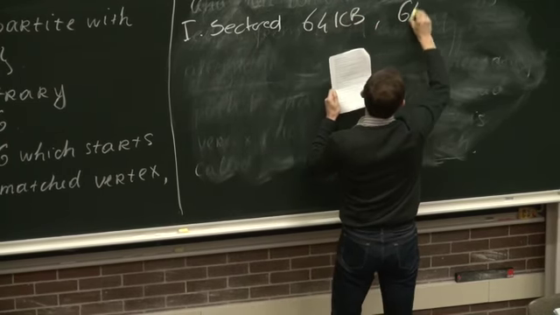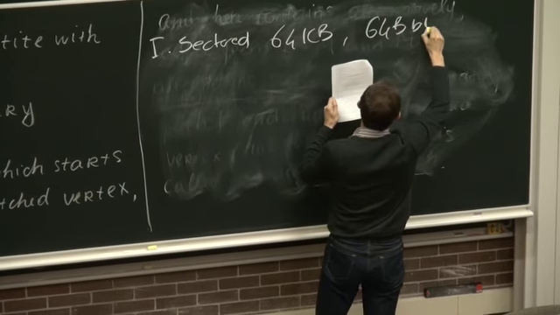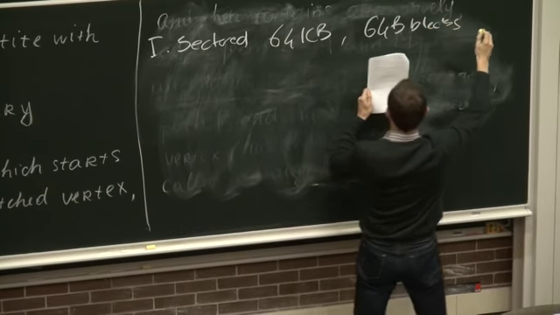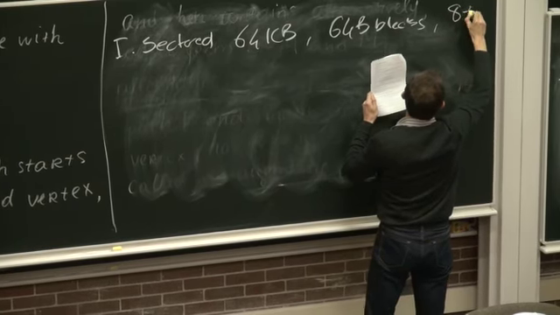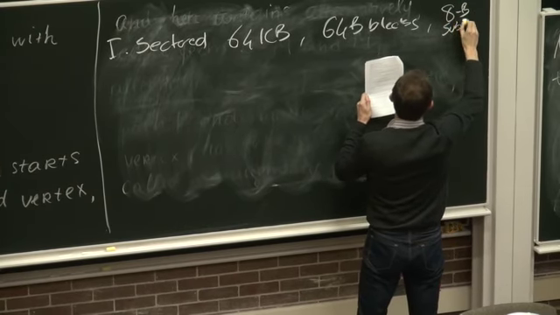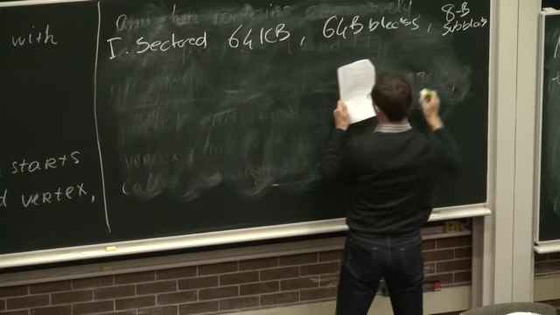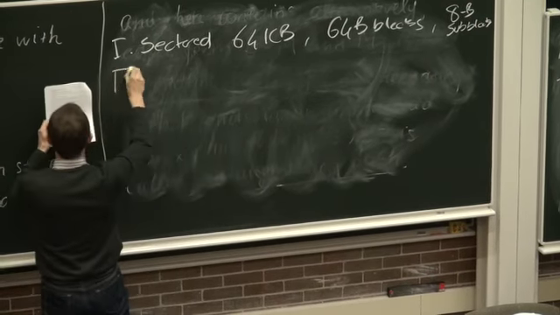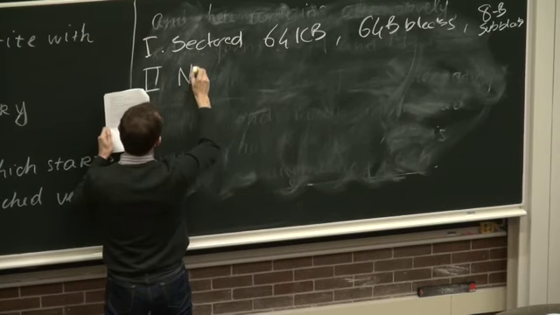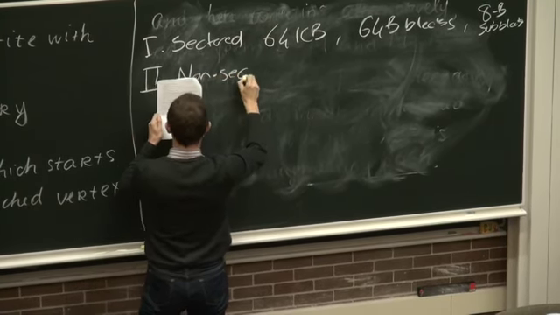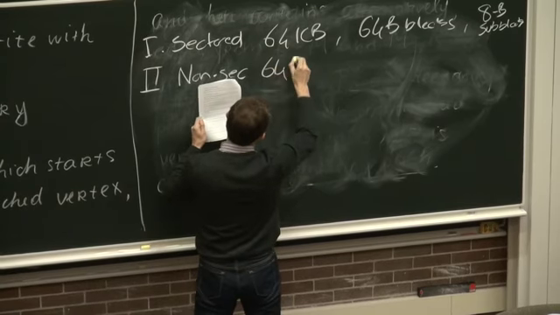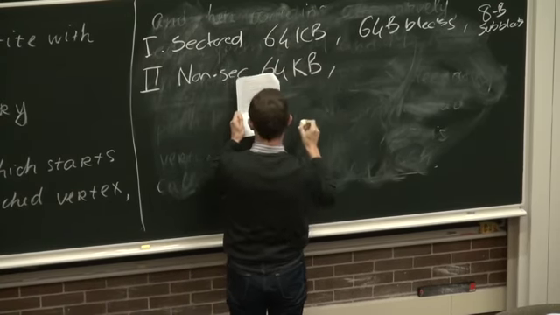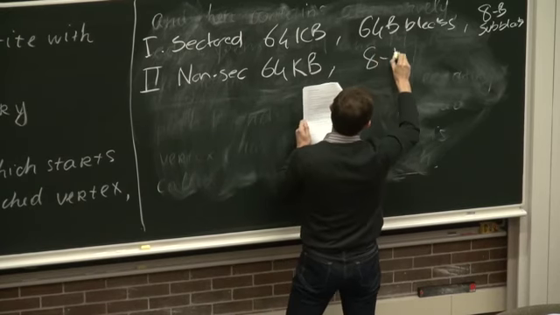It has 64-byte blocks and 8-byte subblocks. And the second choice is non-sectored cache. That's still 64 kilobytes, the same data store size, basically, with 8-byte blocks.